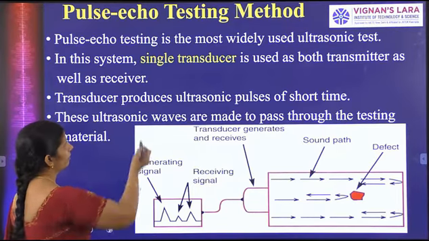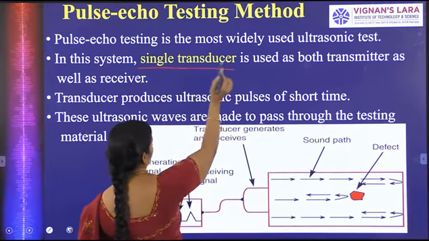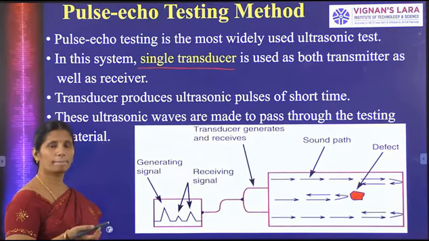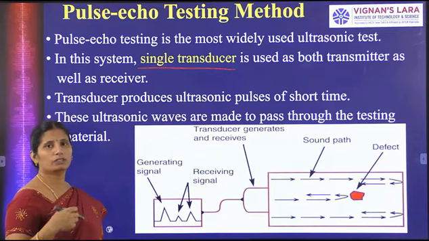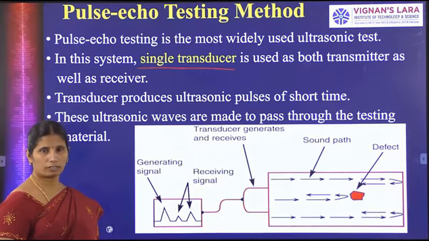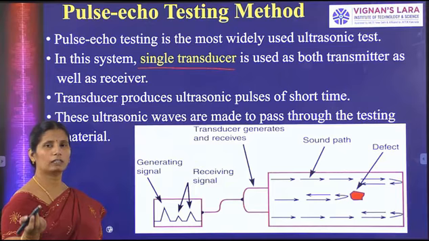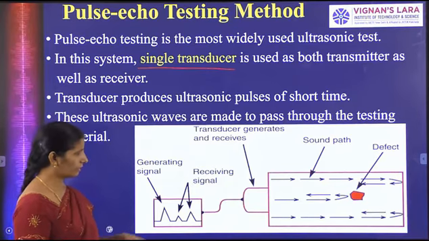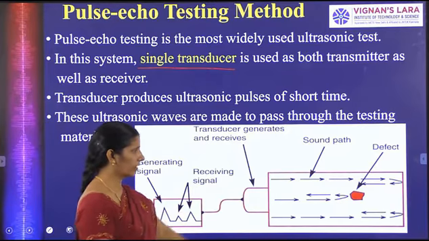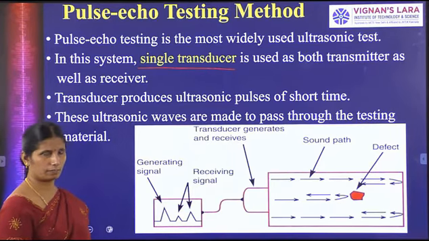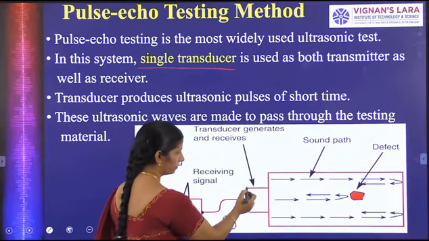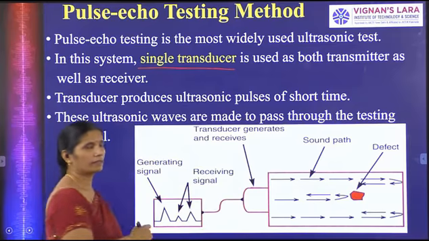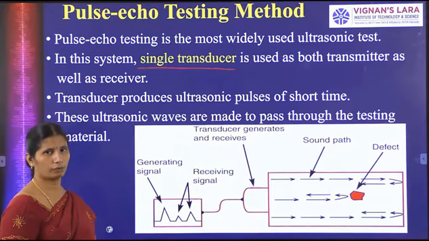In this method, we use only a single transducer. What is meant by a transducer? A transducer converts electrical energy into ultrasonic sound energy, or ultrasonic energy into electrical energy. This single transducer generates and receives the ultrasonic sound waves.